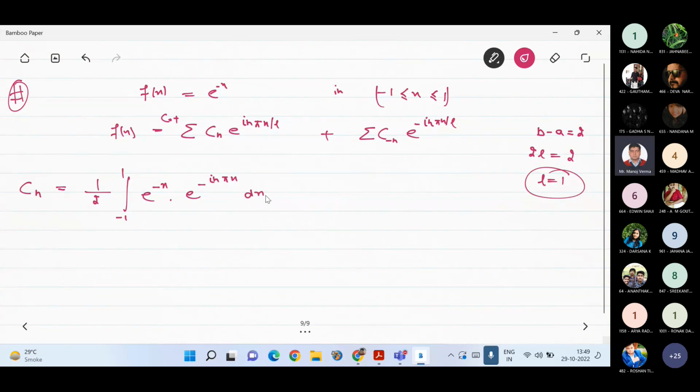So the calculation of Cn will be this. If I insert L equal to 1 and the value of the function, it will be 1 by 2 integration from minus 1 to 1 of e raised to the power minus 1 plus iota n pi.